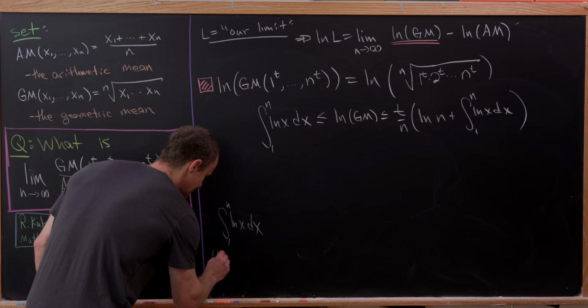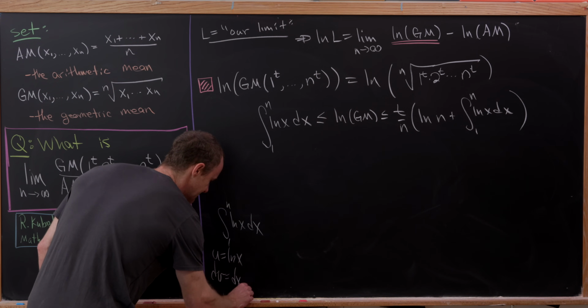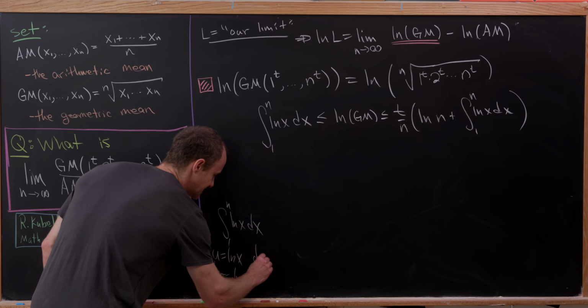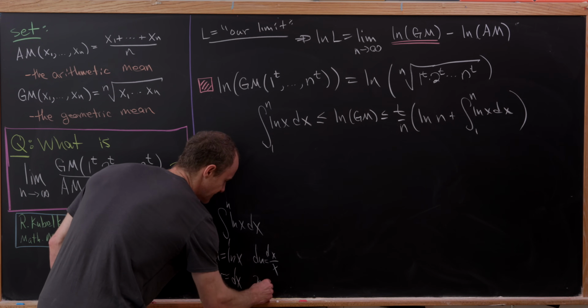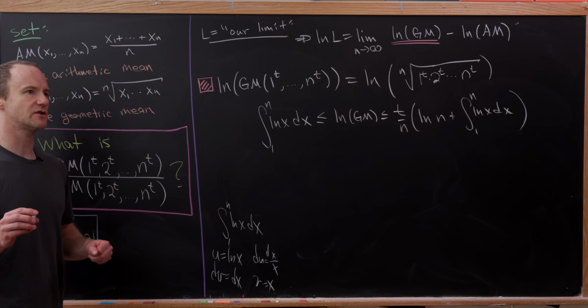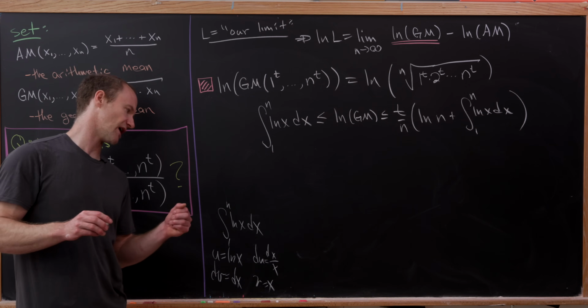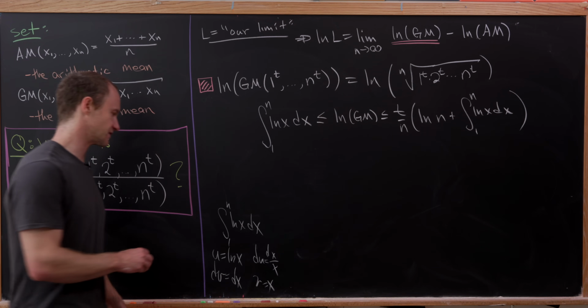So the trick is to take u to be the natural log of x, and dv is simply dx. But that means that du will be equal to dx over x, and that means v will be equal to x. And so using the standard rule for integration by parts, where the integral of u dv is u times v minus the integral of v du.